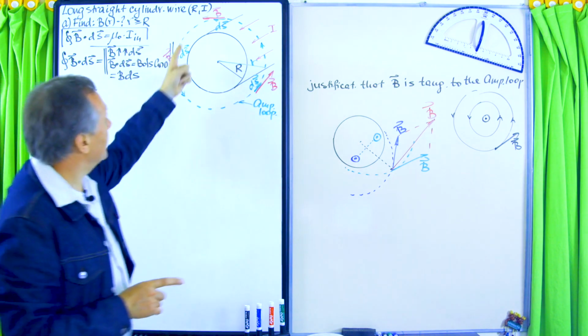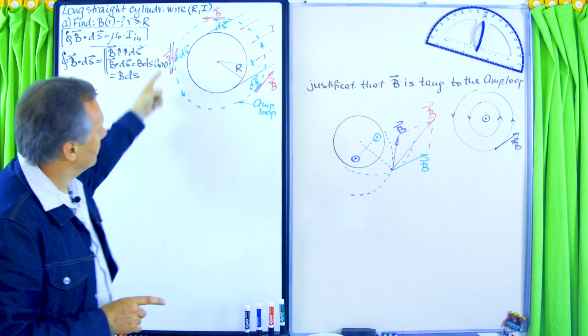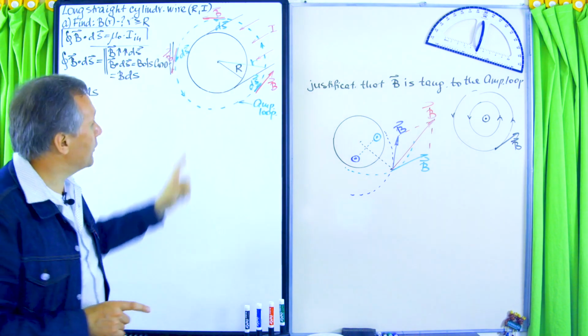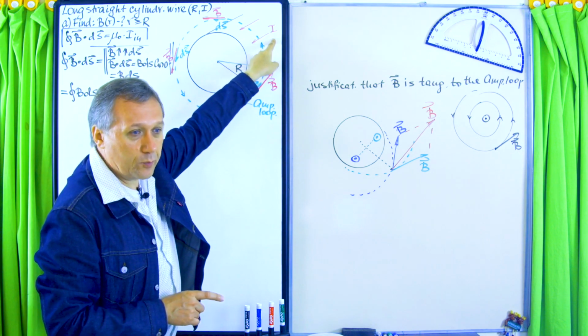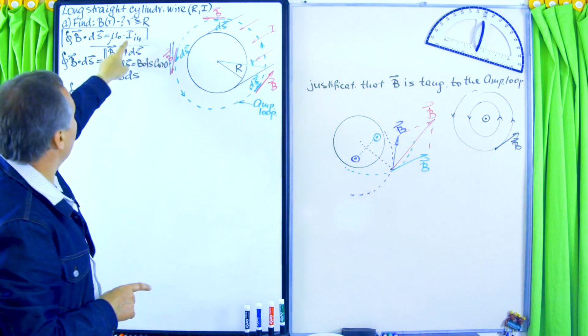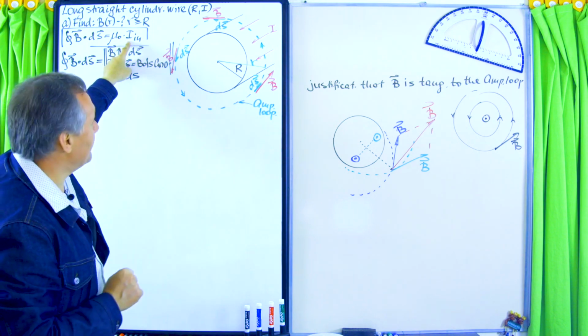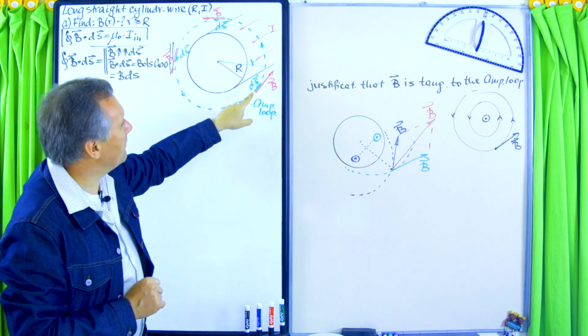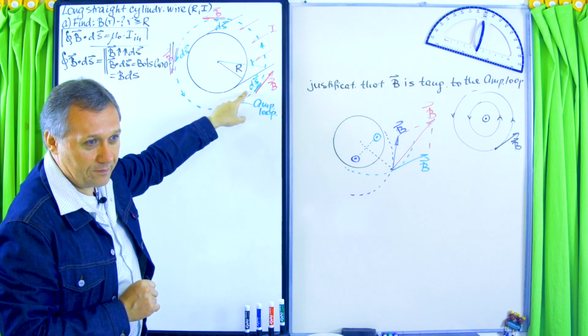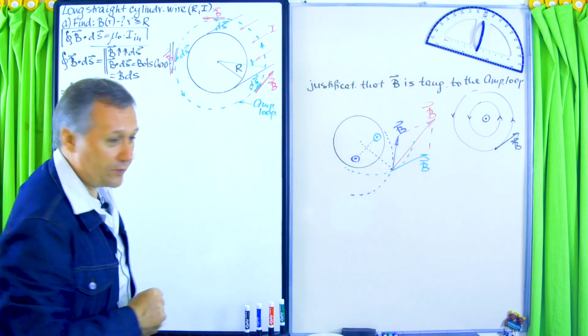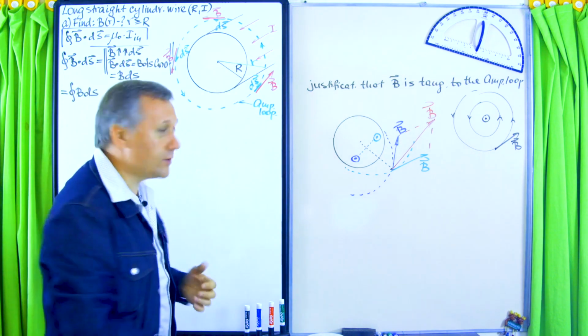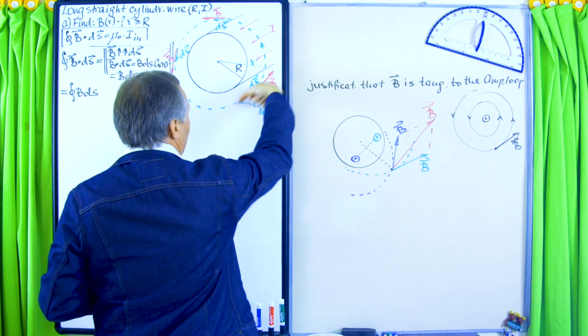Look, if we picked this direction of integration, clockwise, first of all, our current would be negative. So we will have minus on the right-hand side of this law. But also, what will be the direction of ds? Since we change the direction of integration, of course, ds will be that way.